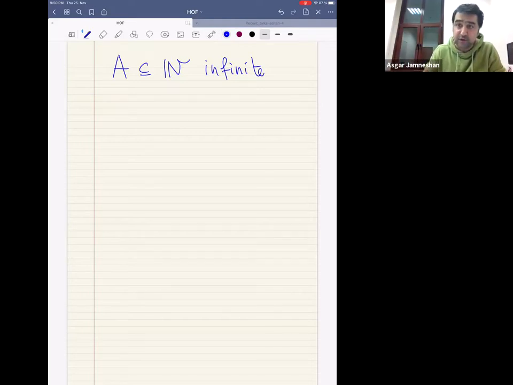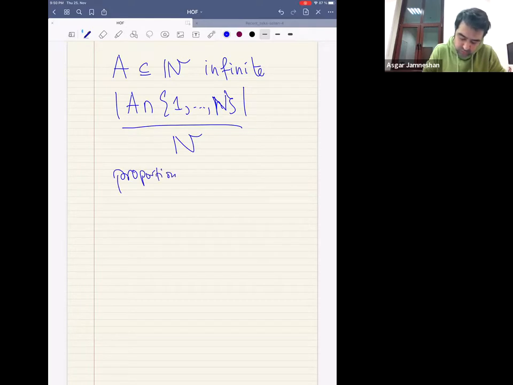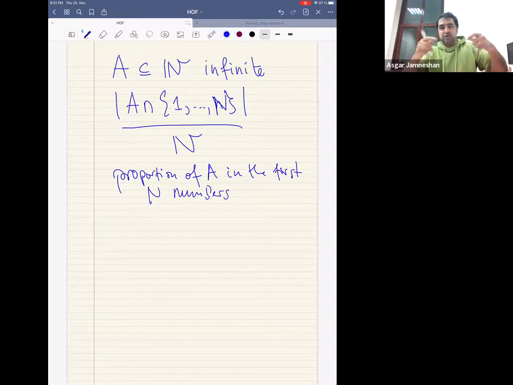And now you can look at the following quantity. I will write it and then explain what it means. You look at the proportion of A in the first n numbers. So you take your set of infinitely many numbers, you look at how many of these numbers are less than n, and you divide it by n.